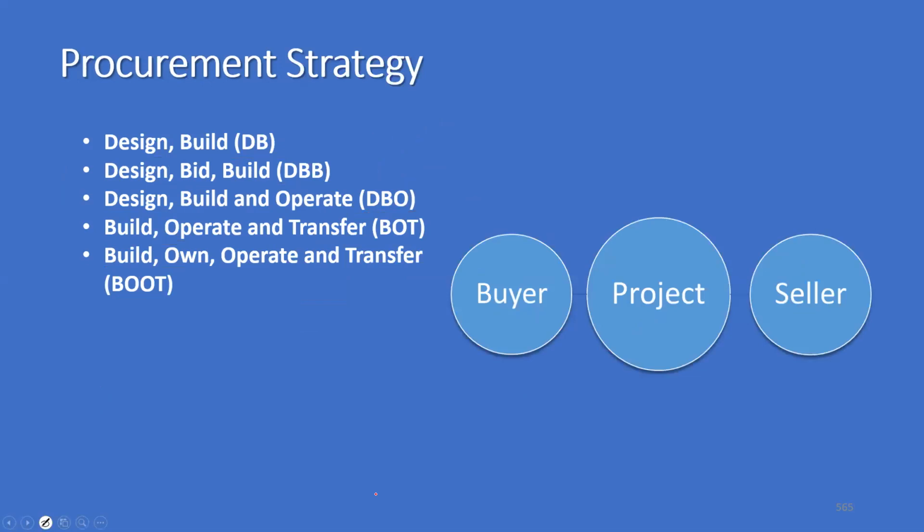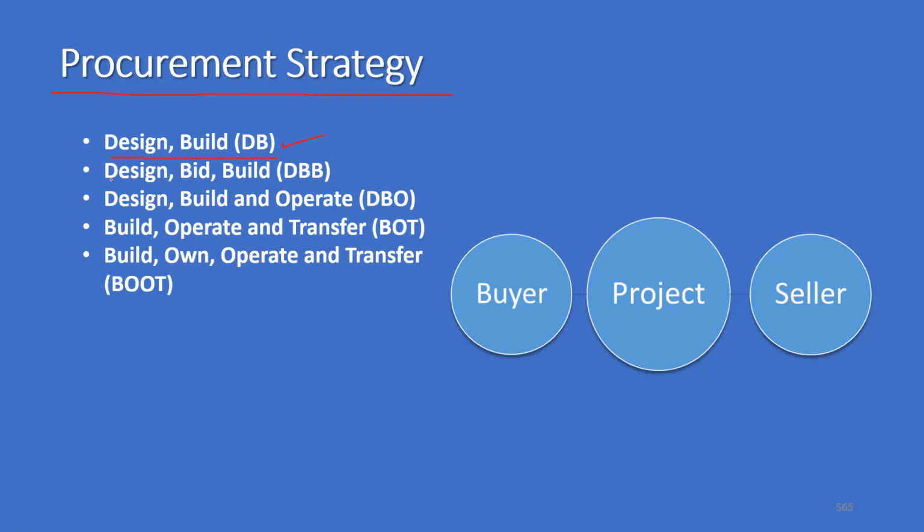Then let us take a look at the different types of procurement strategies. The first one is design build. That means let's say I need a new house, and I identify a contractor who can design the house for me and build it as well. So it is a contract given for both the design and building of it, both done by the same entity or contractor.